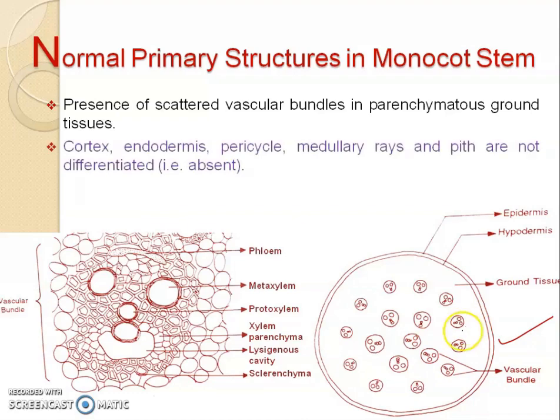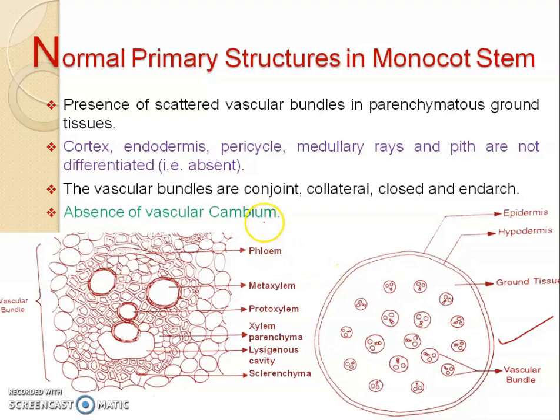Further, ground tissue is not differentiated into cortex, endodermis, pericycle, medulla and pith.